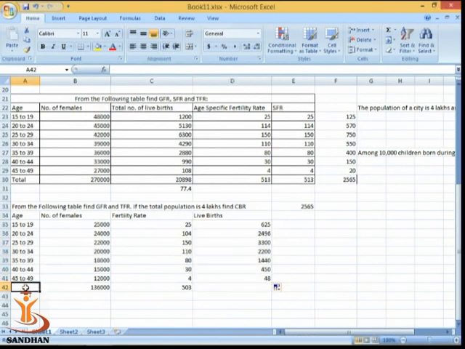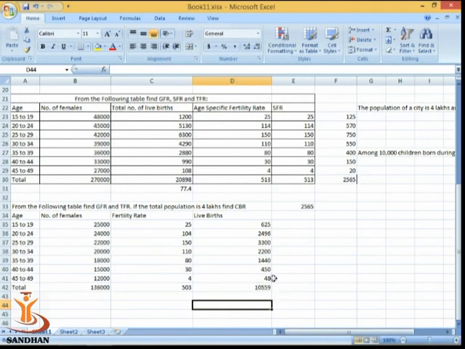Now if I prepare this row as total, total live births is 10559 and total female is 1,36,000.